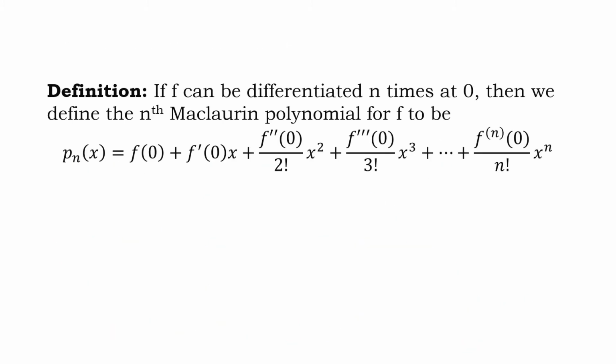So to define, if the function can be differentiated n times at 0, then we define the nth Maclaurin polynomial for f to be the polynomial p sub n of x is equal to f of 0 plus the first derivative of f of 0 x plus the second derivative of f of 0 over 2 factorial x squared plus the third derivative of f of 0 over 3 factorial x cubed plus so on plus the nth derivative of f of 0 over n factorial x raised to n.